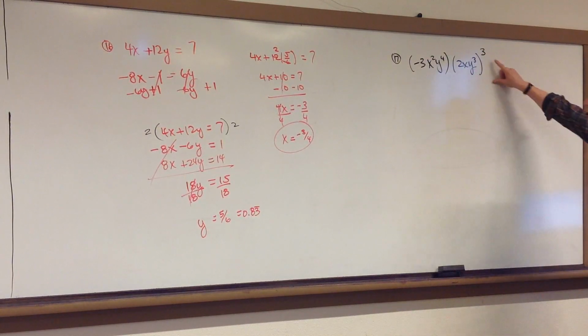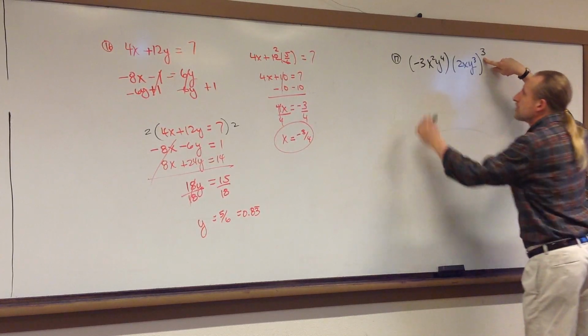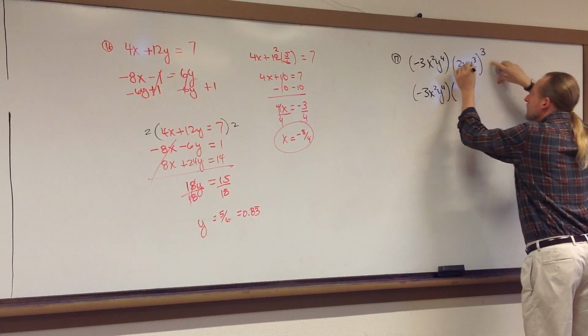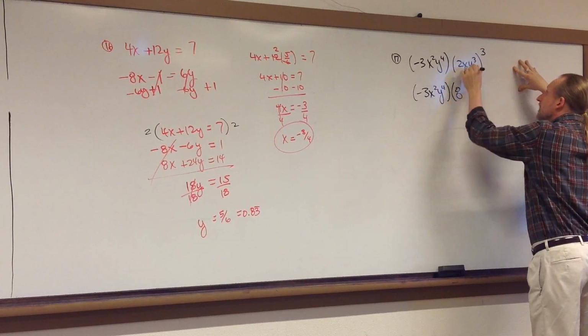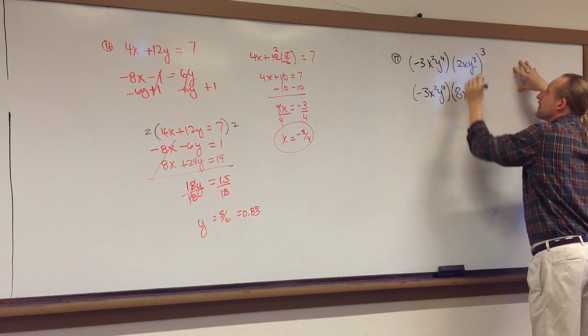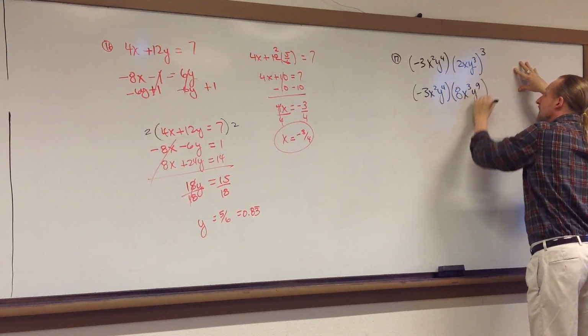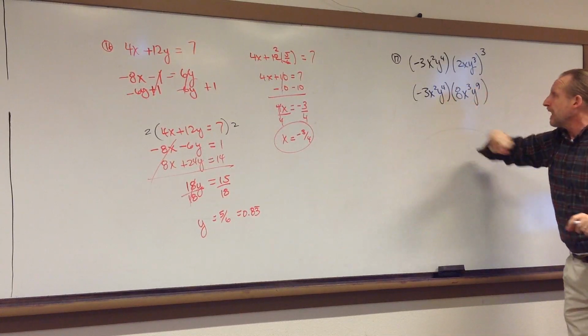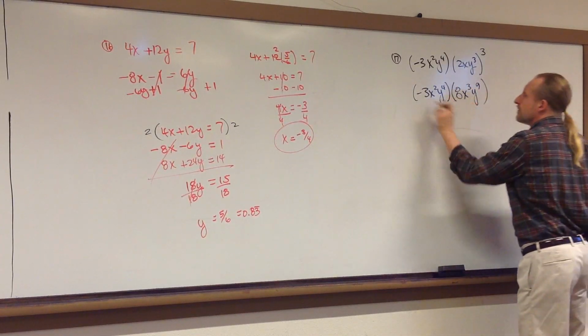Well, we need to take care of this exponent right here first. Okay, so this one will stay the same. This one, 2 to the 3rd is 8. x to the 3rd is x to the 3rd. y cubed raised to the 3rd power is going to be y to the 9th.